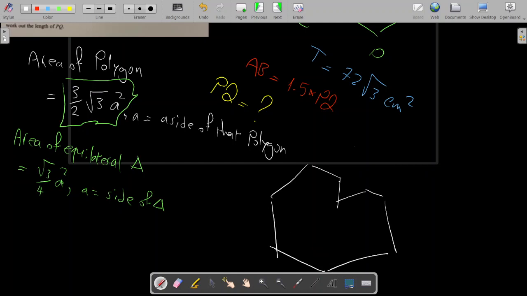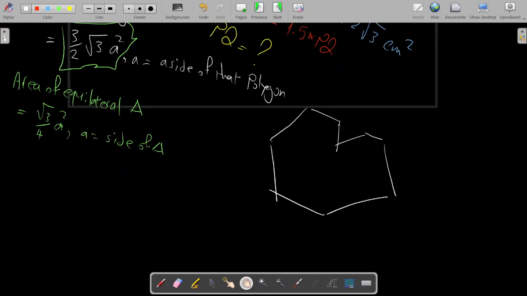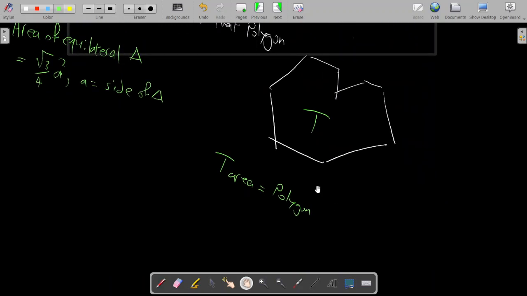What we have here is similar to a heart or whatever it is, and this is the T. Okay, so basically what we're trying to say is that to be able to find the area of T, the area is going to be equal to the polygon area minus the triangle area. This is the idea, okay?